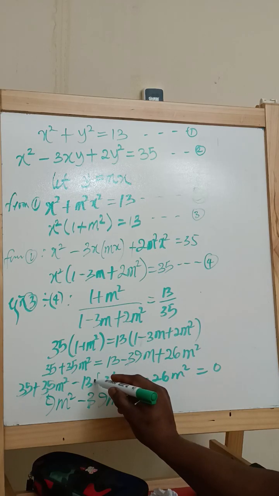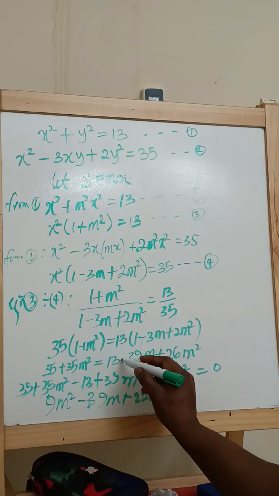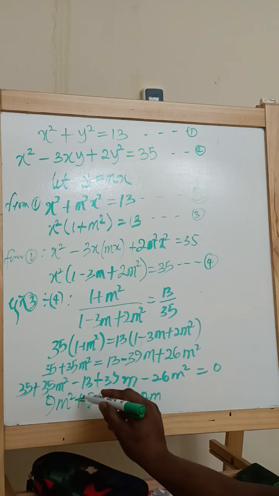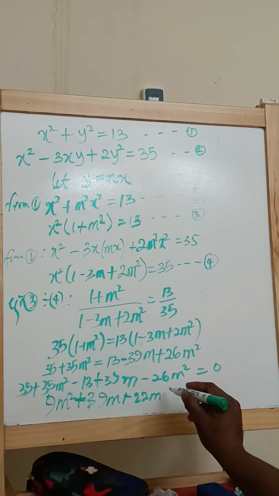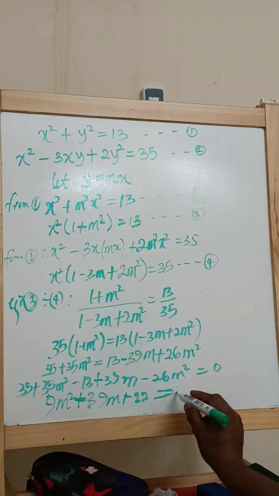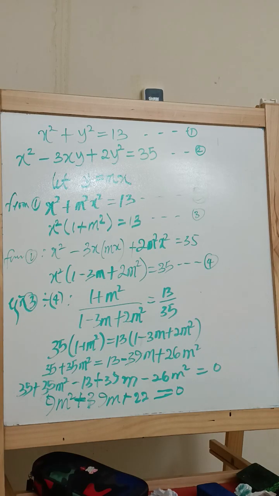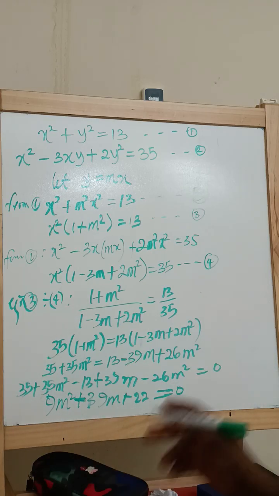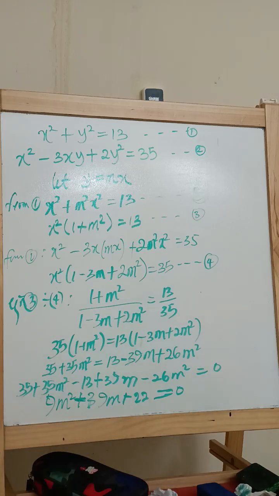Sorry, this is supposed to be plus 39 here. This is minus here. By the time it's crossing, it becomes plus 39. And this is plus 39m too. It's okay. Sorry, 22 is a constant term, equals 0. So the equation obtained is a quadratic equation, and we need to find the factors.